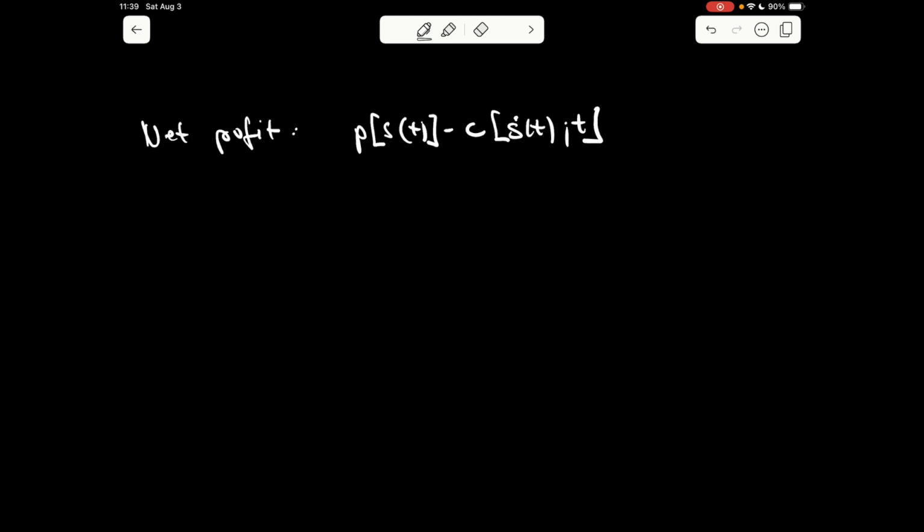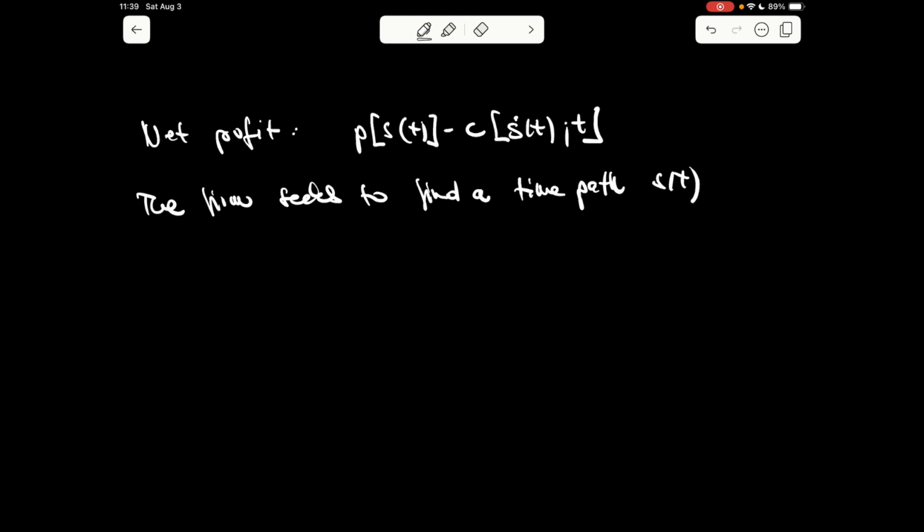So this is net profit, based on which the firm seeks to find a time path S(t) for the capital stock. So we move in the vector space of continuous functions to maximize this functional. So maximization takes place in terms of the path for capital stock.